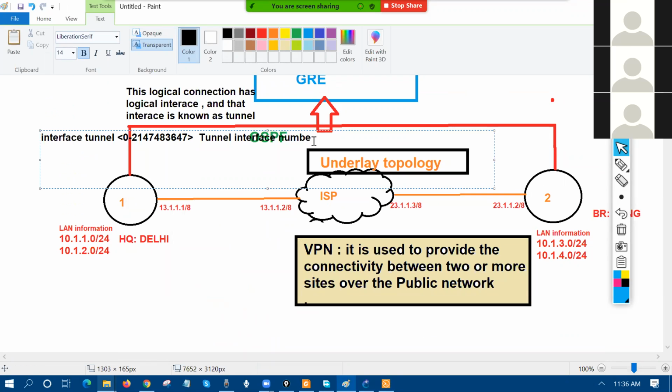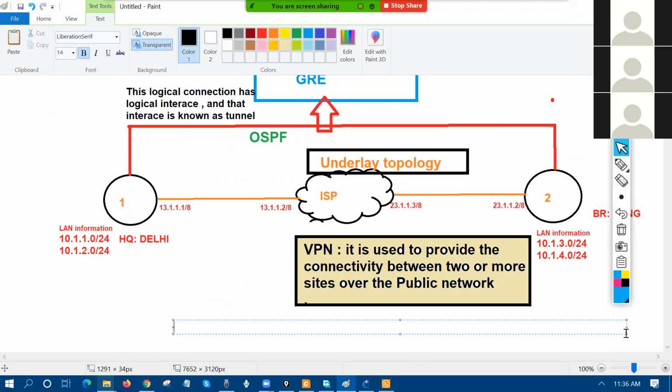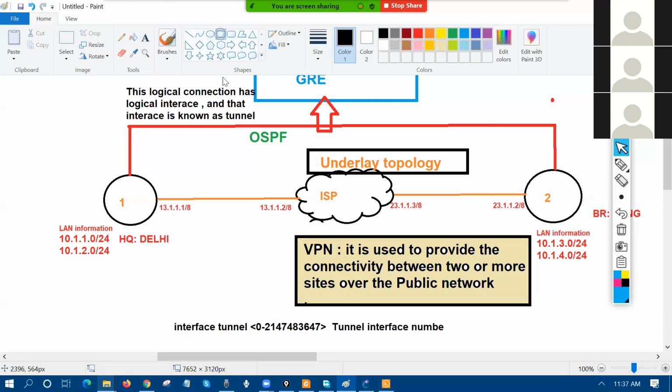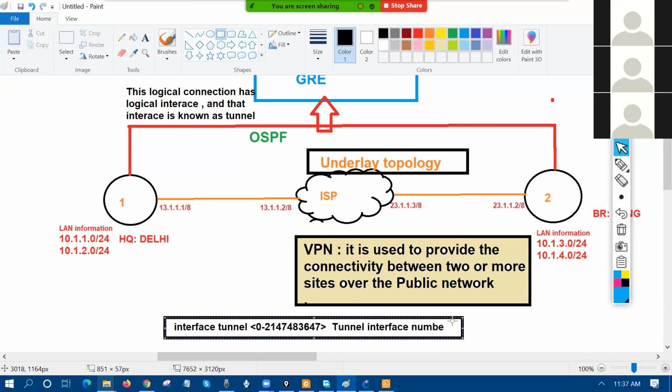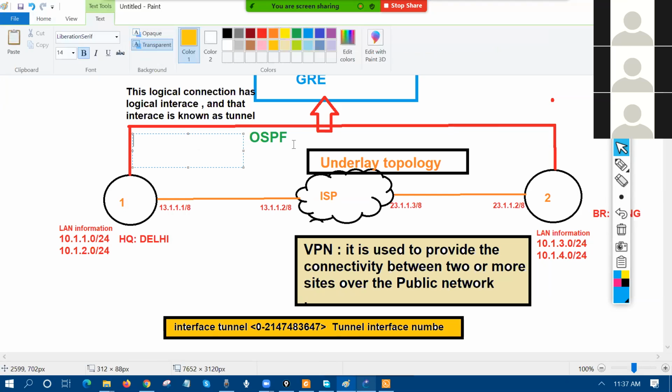So I can say, okay, this is my tunnel number. This guy has a tunnel number, maybe 1. I'm going to use interface tunnel 1 for this guy.